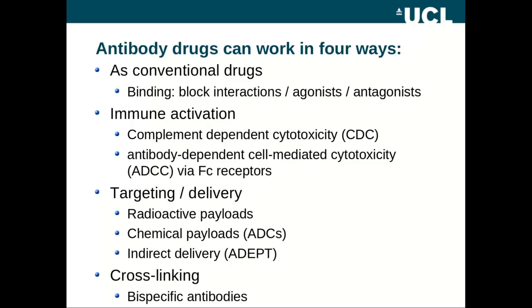So tumours tend to have a slightly lower pH than the rest of the body. And so these linkers can be made to be pH dependent and release their chemical drug payload when they strike the lower pH. Alternatively, the antibodies can be internalized by cells where they're broken up and again the drug payload is released.